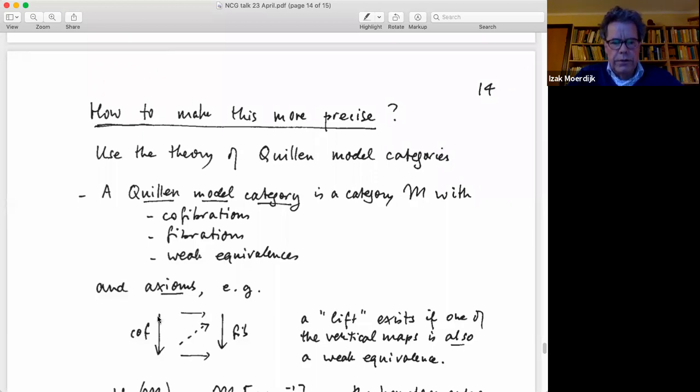It says the following: if you have a commutative square in your category, and this map is a cofibration, this map is a fibration, the horizontal maps are arbitrary, then if one of the two is in addition a weak equivalence, then a diagonal filling exists, making the two triangles commute. It's called the lifting axiom. So in fact, it's two axioms.